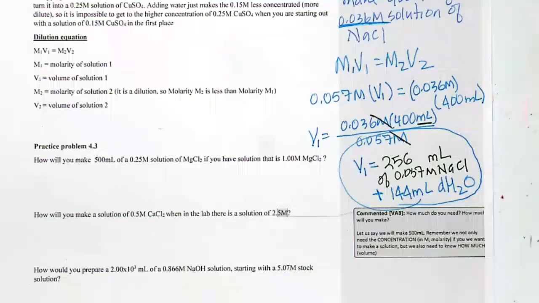And we've made a new solution, and what is its concentration? 0.036. So we made that solution. What I like to do is take some parafilm tape and mix it up.